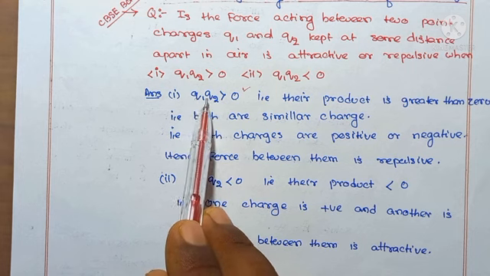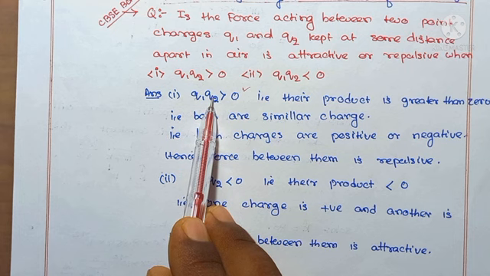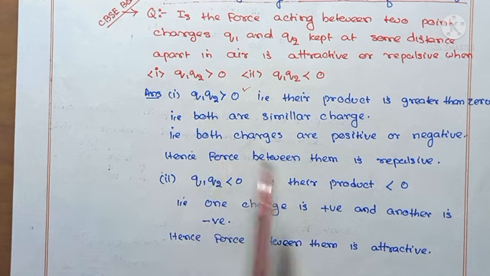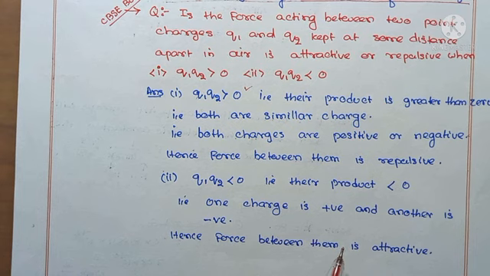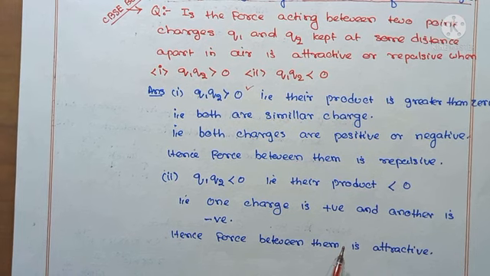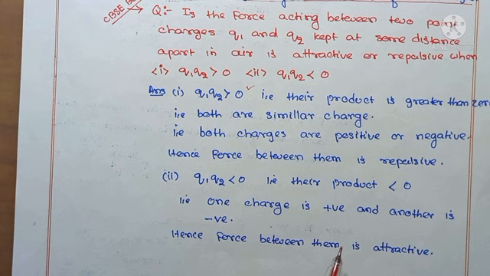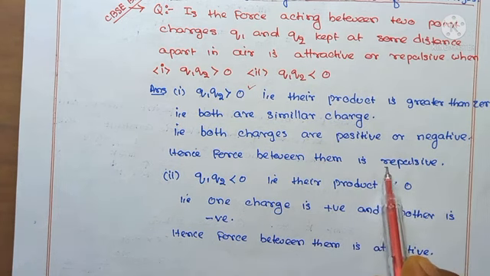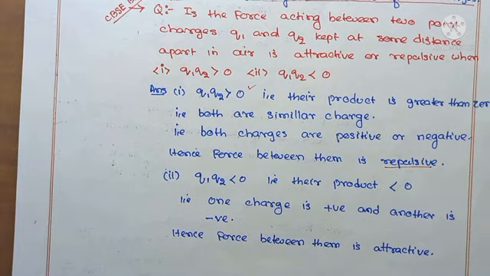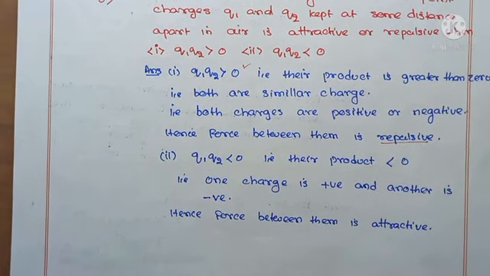When this is negative, this will be negative, and their product is again positive. Therefore both are similar charges. That means both may be positive charges or negative charges. Okay? When both are similar charges, the force between them will be repulsive. What is that force? Repulsive force. Force of repulsion between them.